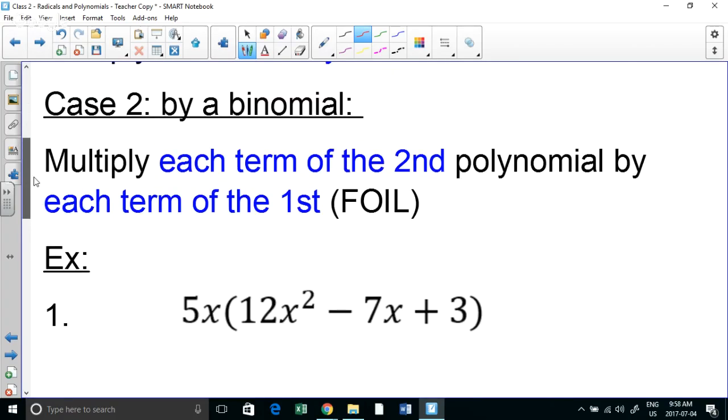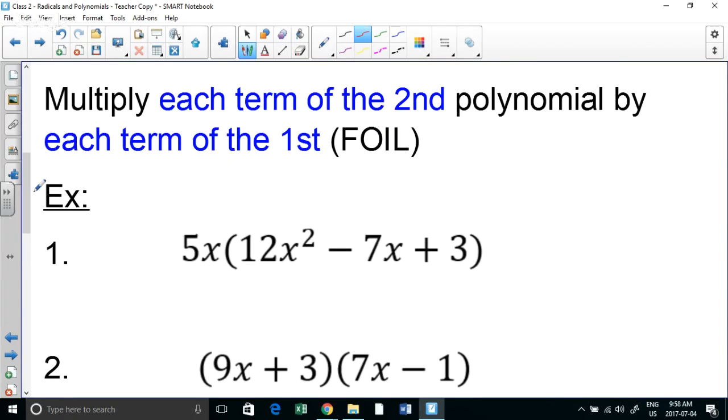For example, we'll do a couple of examples of these. Here we have a monomial and a polynomial. So what I'm going to do is take the monomial and multiply it by each term of the polynomial. Here we have 5x squared and 12x squared. The 5 times 12 is 60. x and x squared is x cubed.